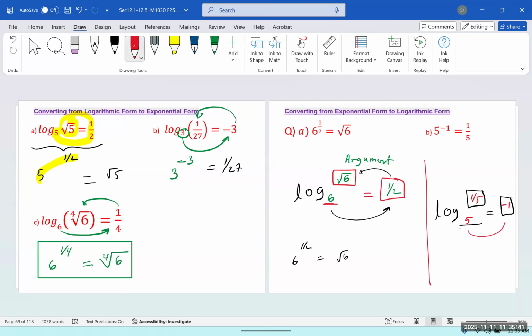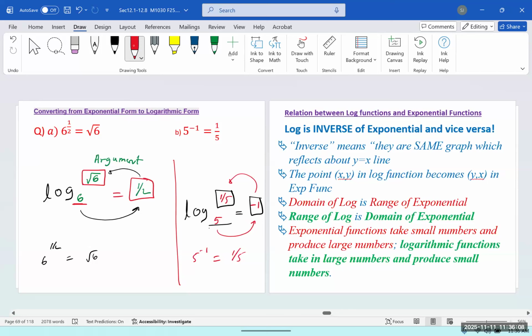So see, 5 to the -1 should be equal to 1 over 5. Yep, perfect. So see, we can go backward, we can go forward. Which one is backward, which one is forward? It doesn't matter. You can go back and forth. Why do we do this? Because to solve a logarithmic equation, you have to convert it into exponential.